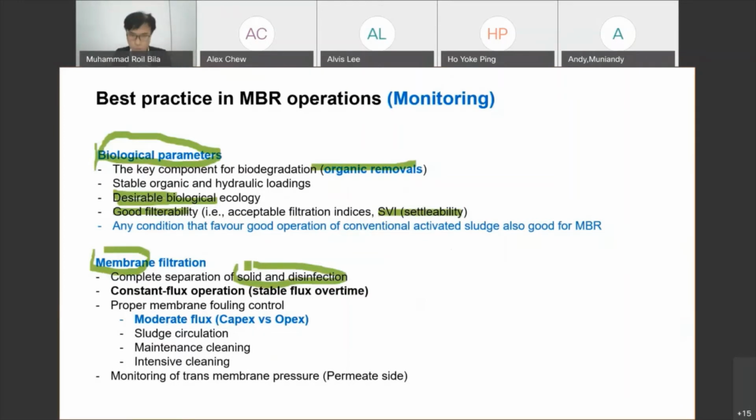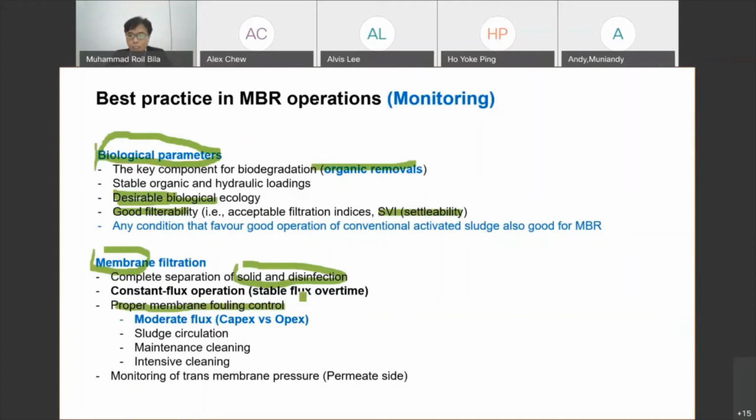So basically, we want to maintain the flux stable over time. Then it is important, the same as the biology, to maintain the filtration performance. We call it proper membrane fouling control. I'll get back to this one later on.